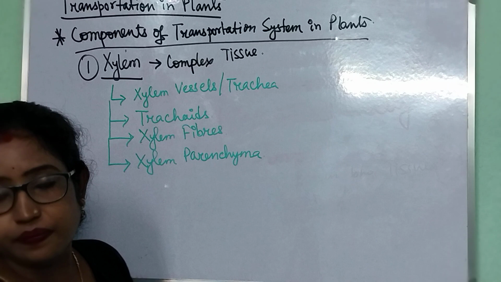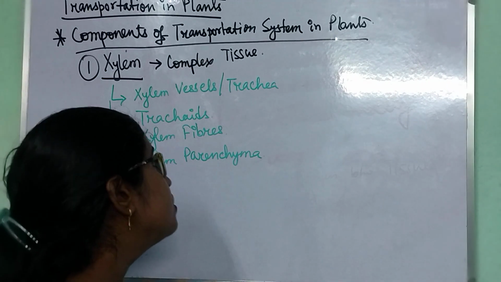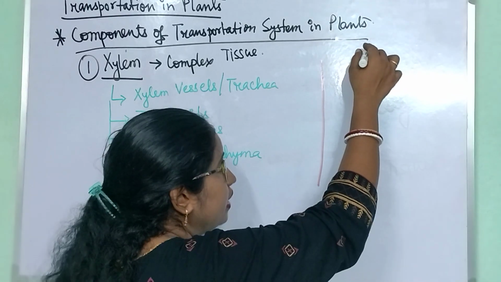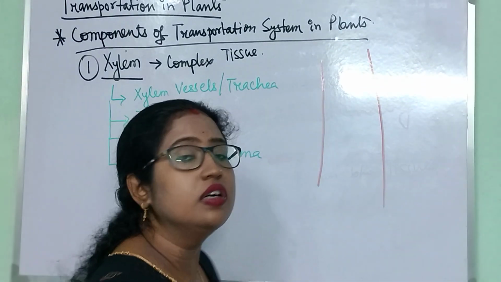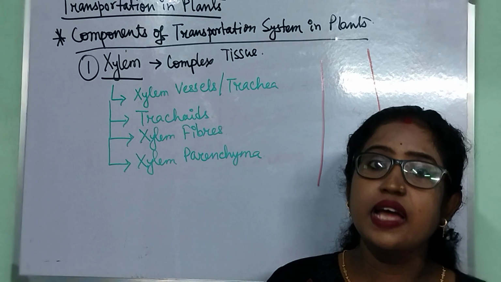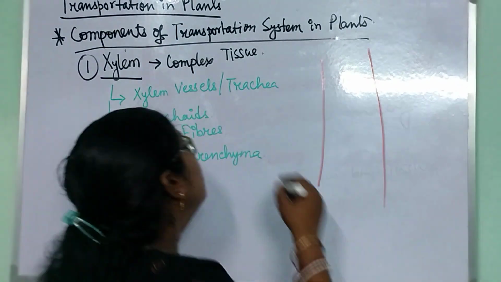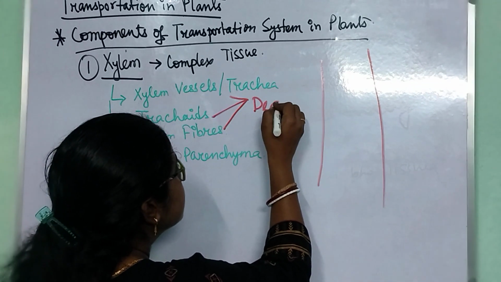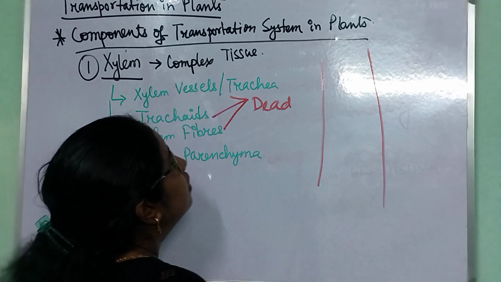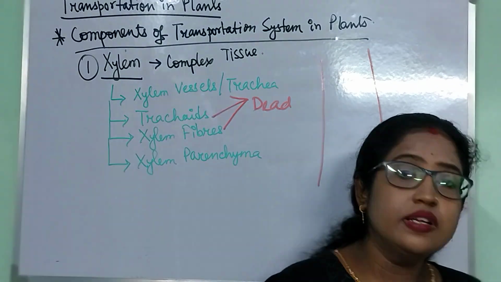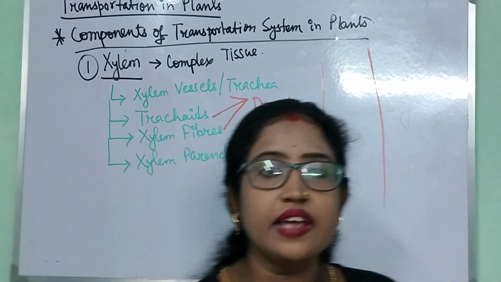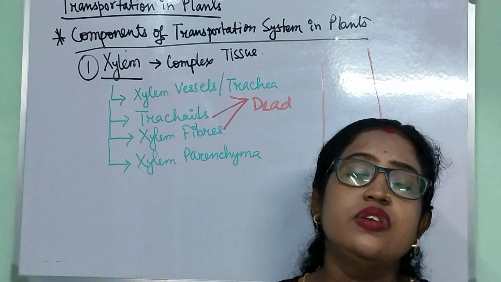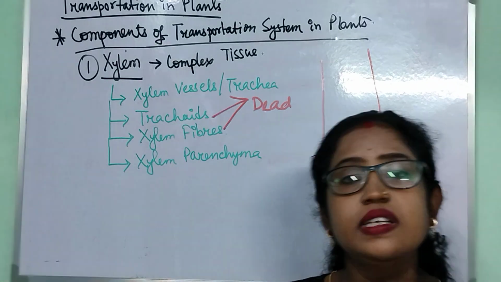The xylem vessels, or xylem trachea, and the tracheids are nothing but elongated cells, and they are made up of dead cells. Both the trachea, tracheids and the fibers are made up of dead cells. They are dead because when these cells are alive at very young stages of the plant, their cellulose content is substituted by lignin.